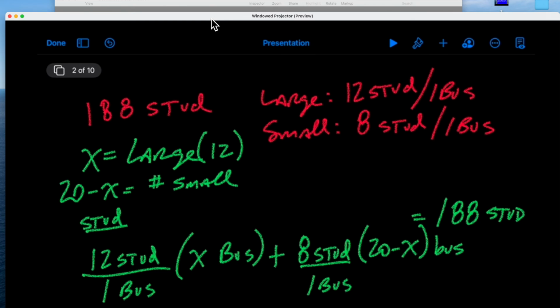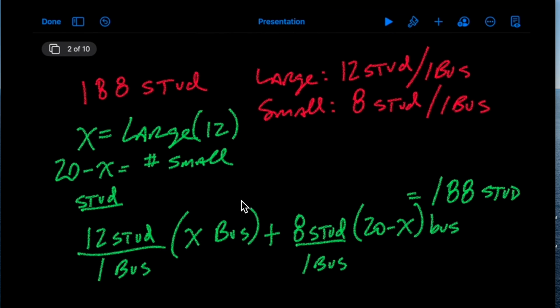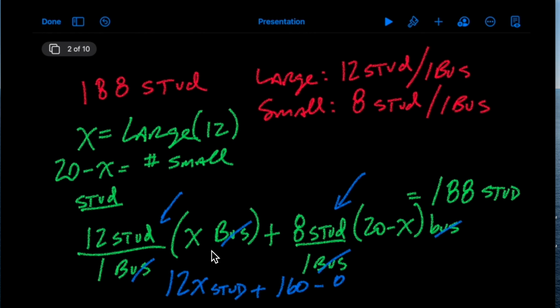And that's going to give us the total number of students. Notice, always look at your units. Buses cancel out, students is left. So we're going to have 12x students plus 160 minus 8x students equals 188 students.